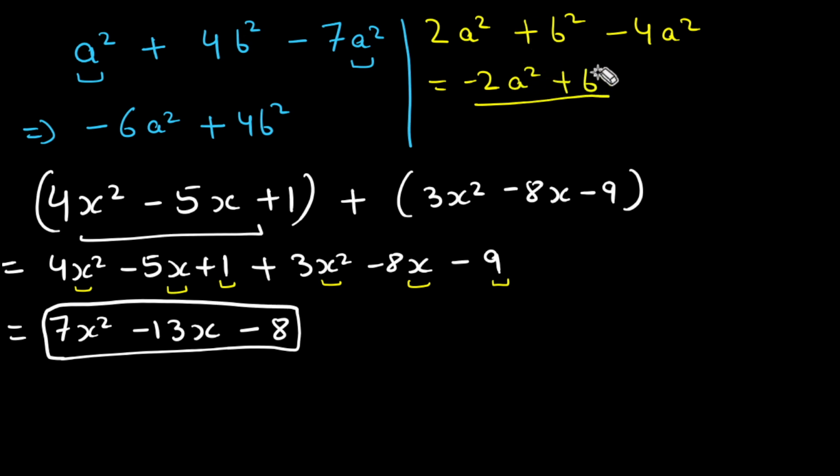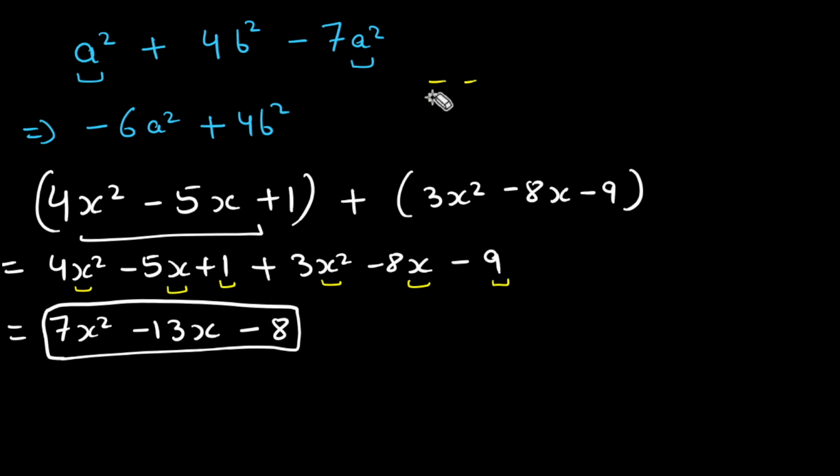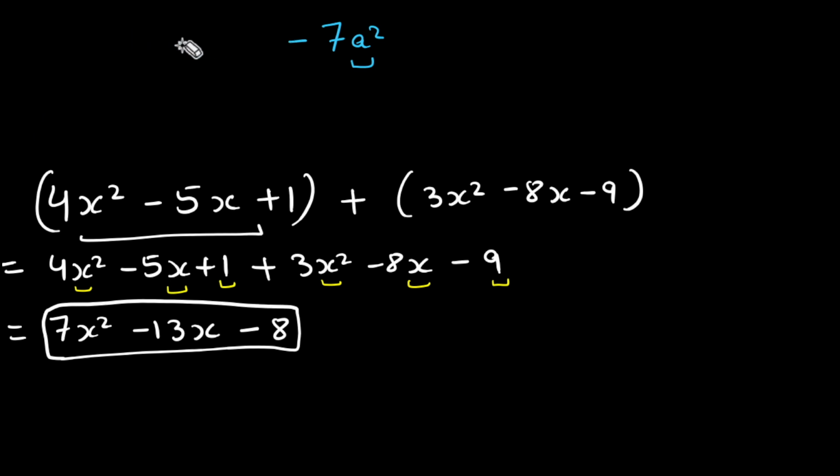Let's solve some similar problem, and I will not erase the bottom one so you can see how to solve the next problem. Okay, let's do this. So now we have another problem.